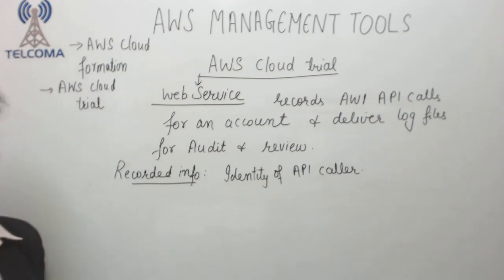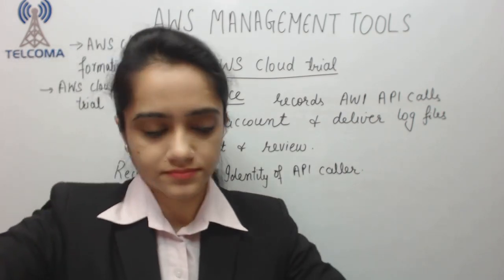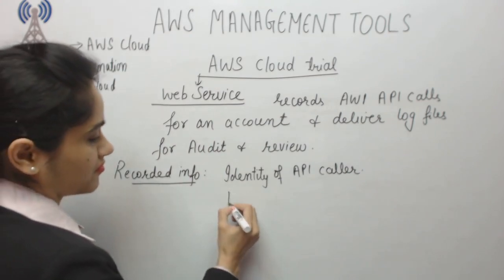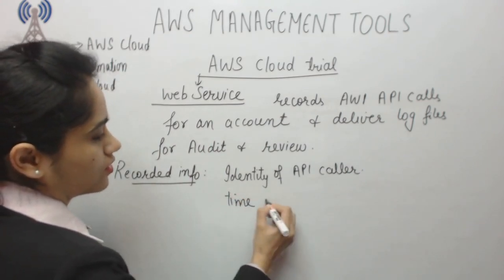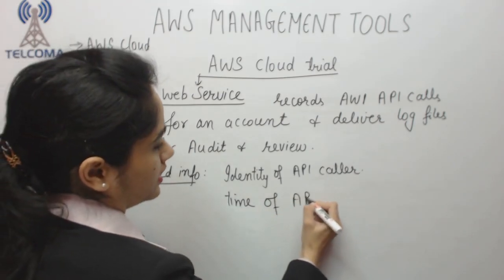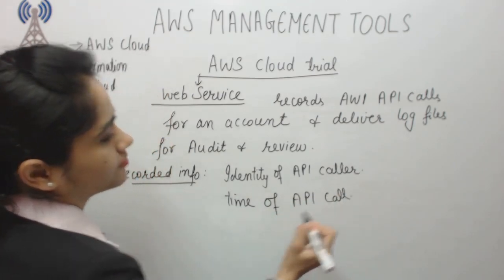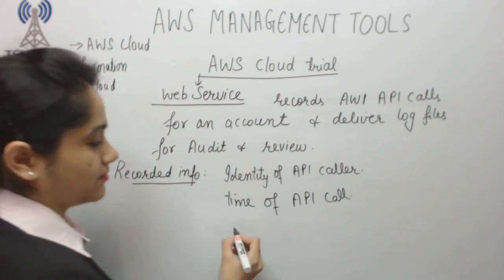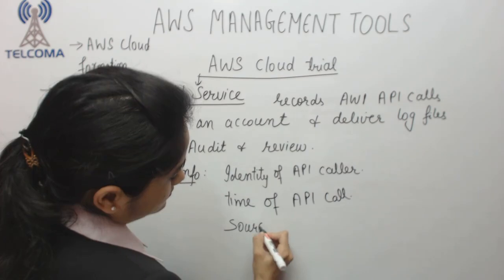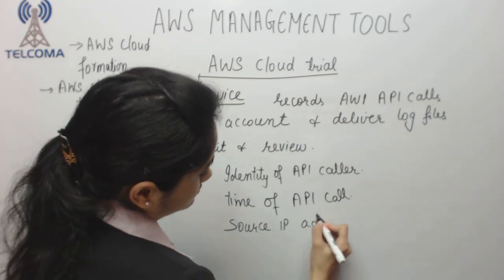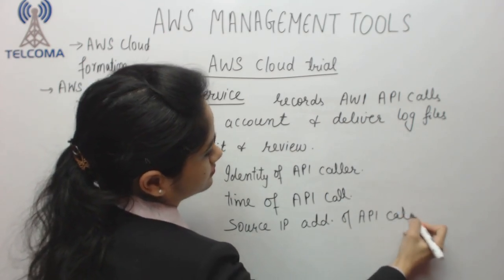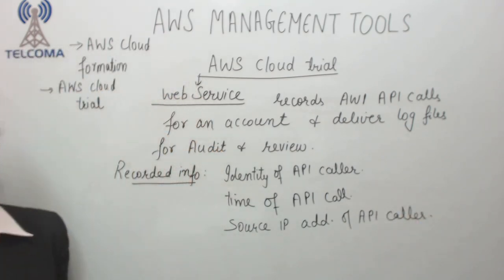That means identification of a caller, the time of the API call, as well as the source IP address of the API caller.